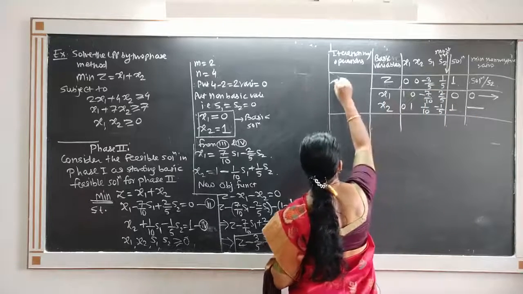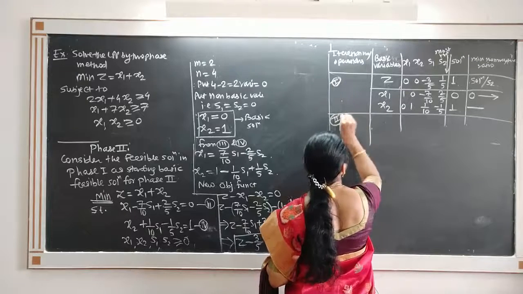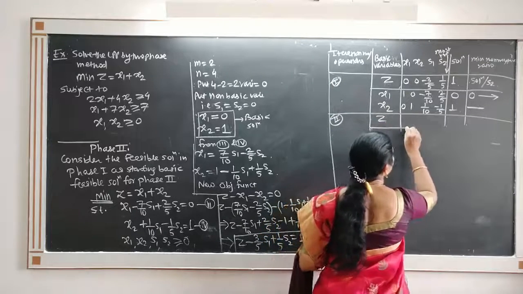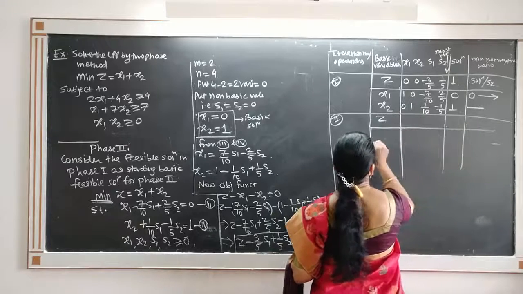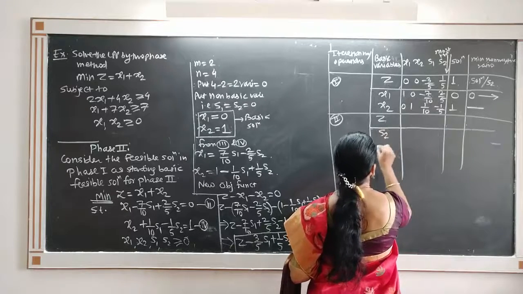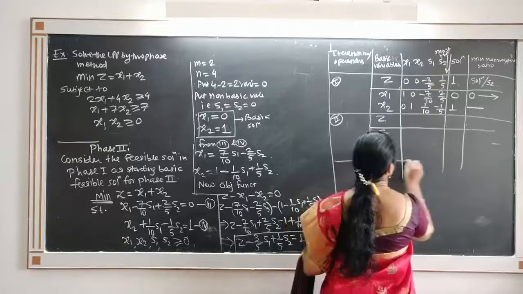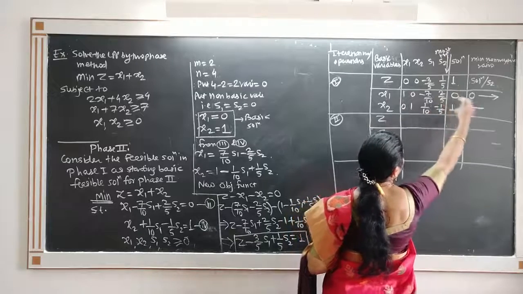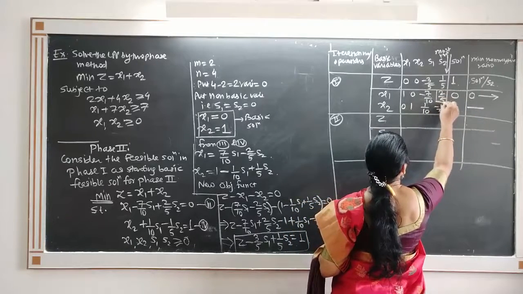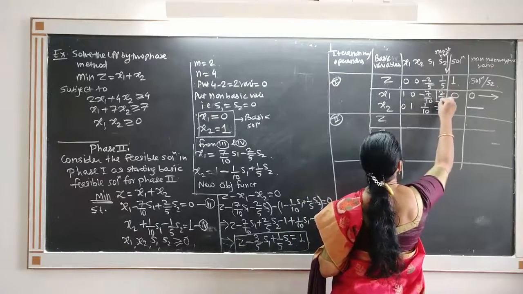So in the second table, what will happen? Z remains as it is, but x1 leaves and s2 enters. Now see, the pivot element is intersection of both, that is 2 by 5. This is pivot element.